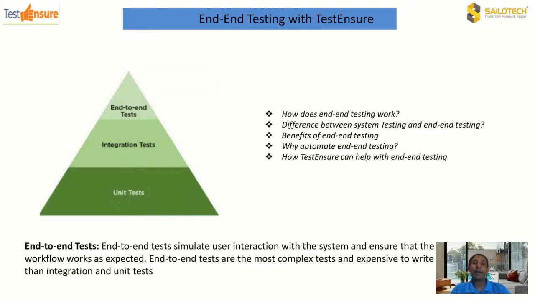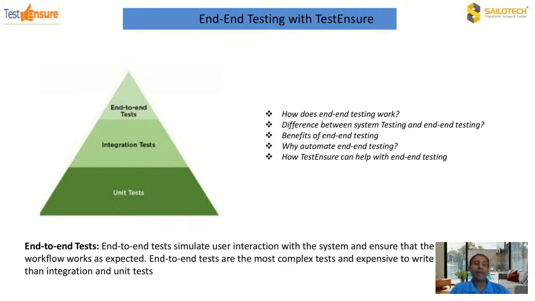That being said, the most important thing in the testing life cycle is end-to-end testing, right? As you can see on the slide, the famous pyramid needs no introduction. It shows how the testing is divided.